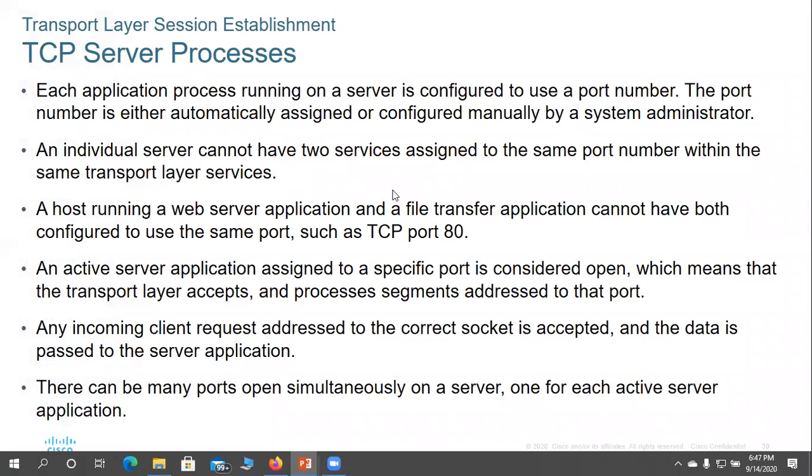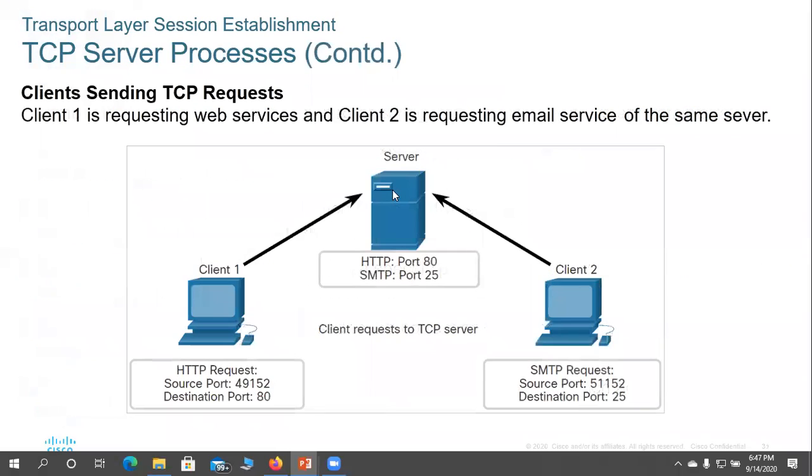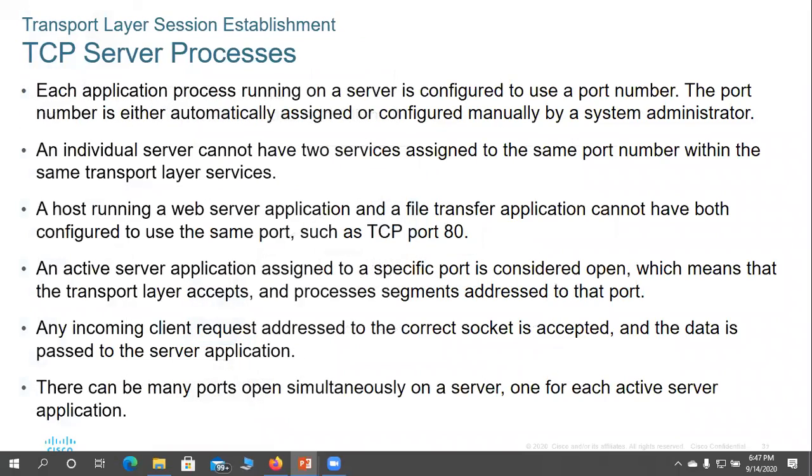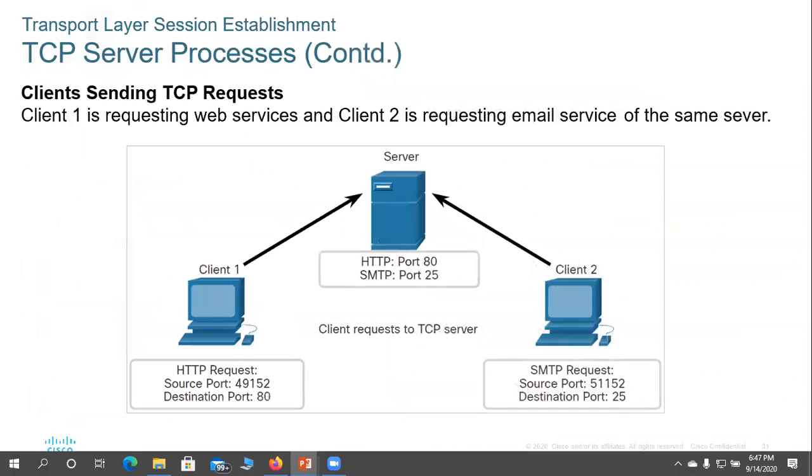Okay. So this talks about the TCP server process, where first of all the client has to send the request to the server. First of all, it's a three-way handshake. After the three-way handshake, the communication has to start between the server and the client.